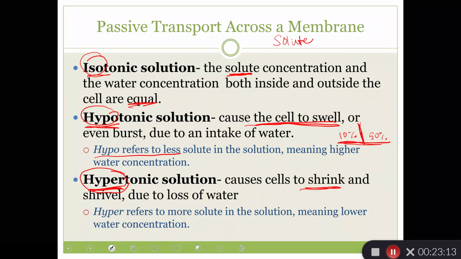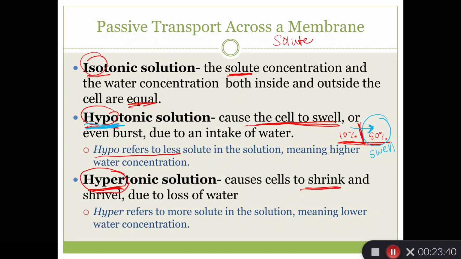The water is going to move towards the solute, and this side is going to swell. Think about a hippopotamus has a big bottom. Hypo, hippo, I know it doesn't fit just perfectly, but it's how I can remember it. It's going to swell. So the hypotonic solution means that the solute concentration is less, so it's actually going to swell.